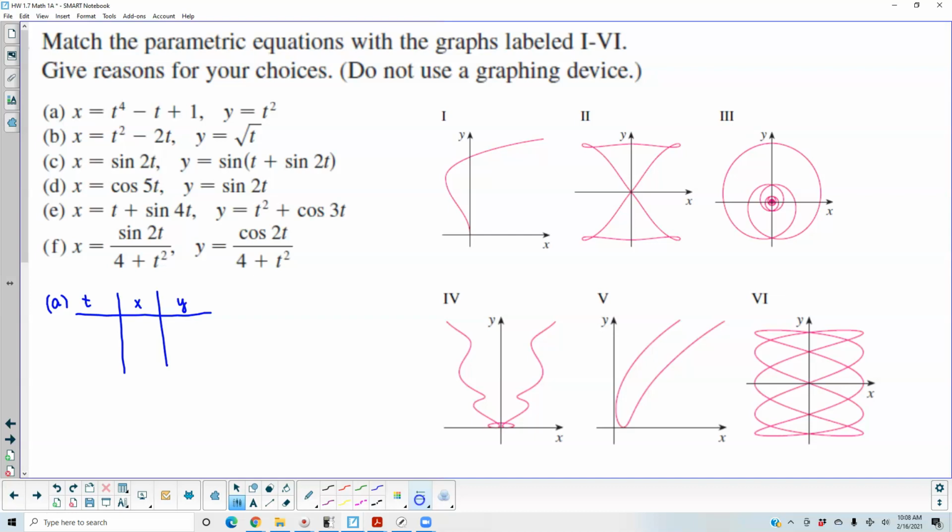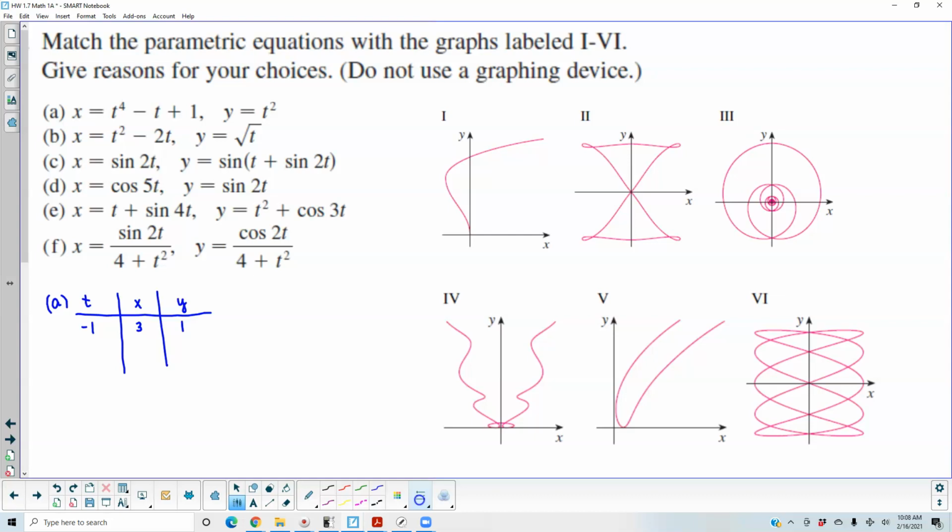If we try negative 1, negative 1 to the fourth power is positive 1, plus 1, because that's minus and minus 1, so that gives 2 plus 1, which is 3. And then we know that negative 1 squared, or no matter what it is, always going to give you a positive value. So if we try a negative, we can see that we get 3, 1.